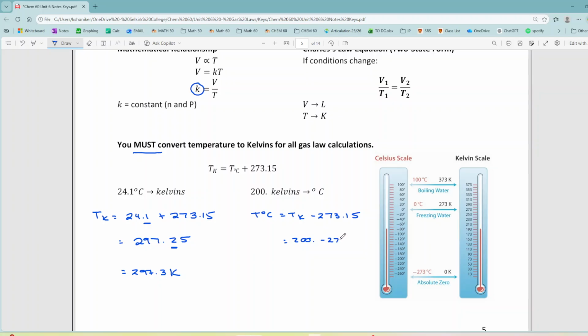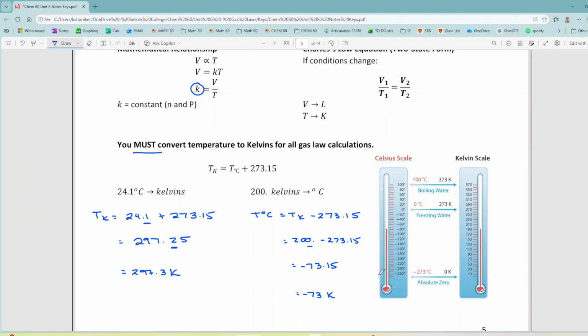We would subtract 273.15, and we would get, I feel like it's negative 73.15, but I'm doubting myself today. Yes, of course it is. You get negative 73.15, but for precision, we're going to maintain it to the ones. So my answer would be negative 73. And again, kelvins are just kelvins, not degrees Kelvin, just kelvins.